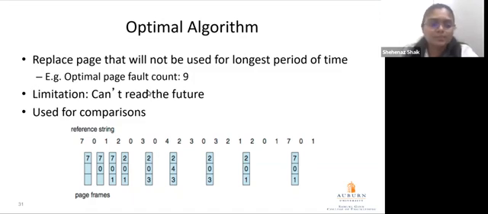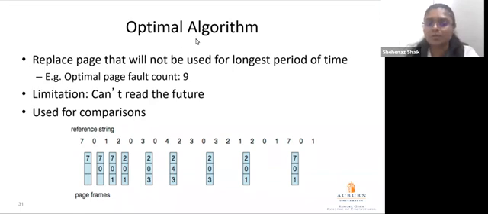So for that reason, considering that this particular approach results in the optimal page fault count, we should be able to use it as a reference to measure how well some other algorithm performs, or how much worse some other approaches are.